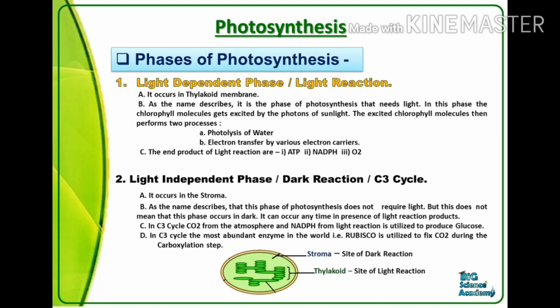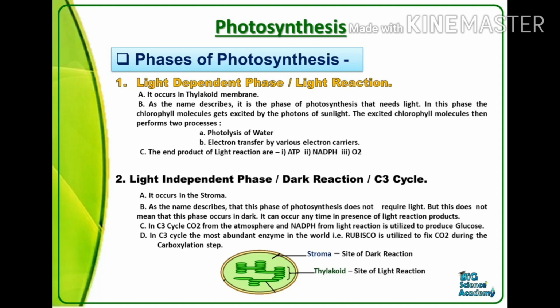Actually, the dark reaction or the light independent phase is the phase in which there is no direct involvement of light, but it needs the products of the light reaction or light dependent phase to activate the dark reaction.